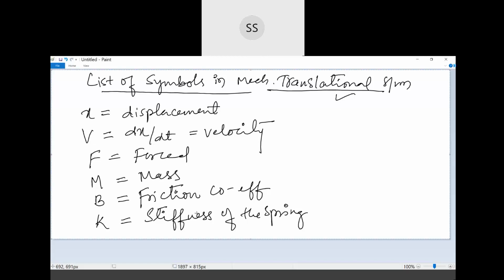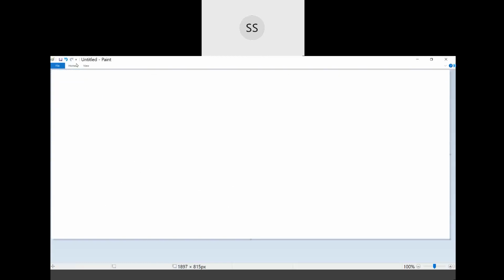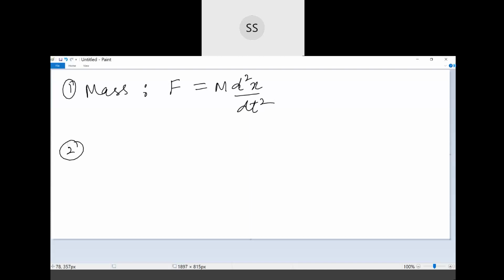To summarize the different elements: for a mass element, what is our force balance equation? F is equal to m into d square x by dt square. Similarly, in the case of the damper or friction element, we have two equations.